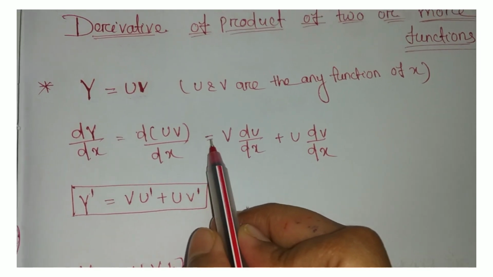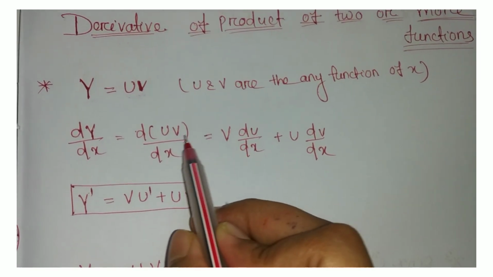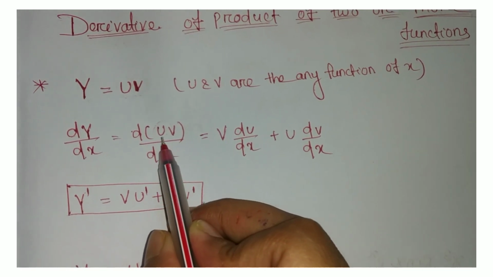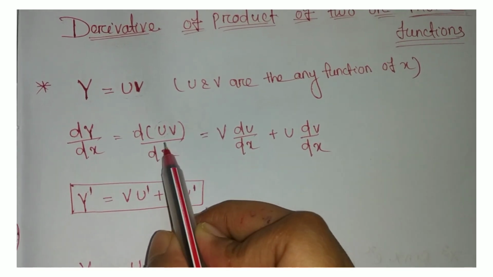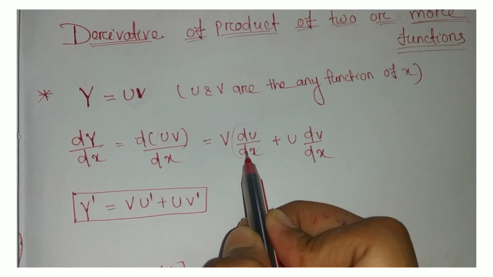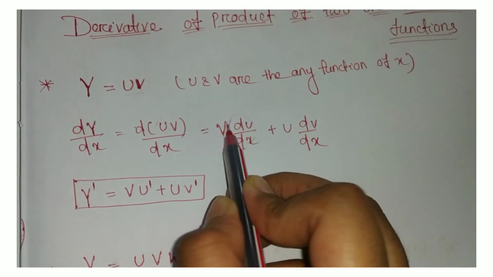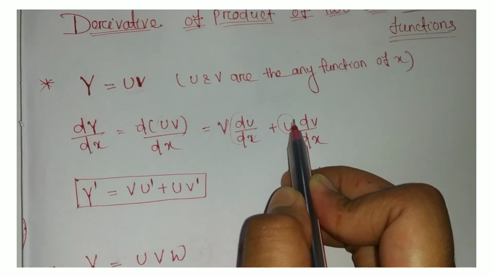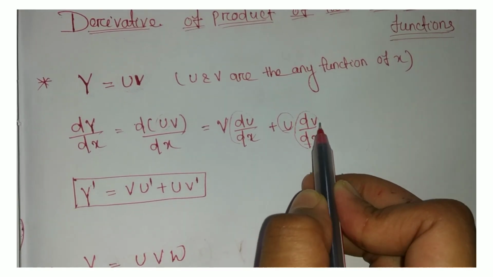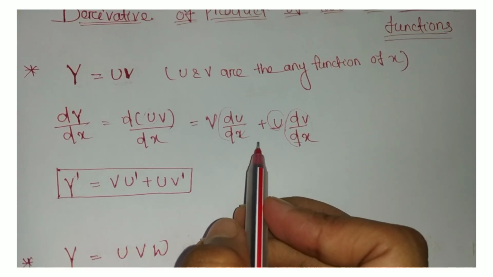u into v, that is equal to v times the derivative of u plus u into the derivative of v, that is, the derivative of the first function into the second function plus the derivative of the second function into the first function.